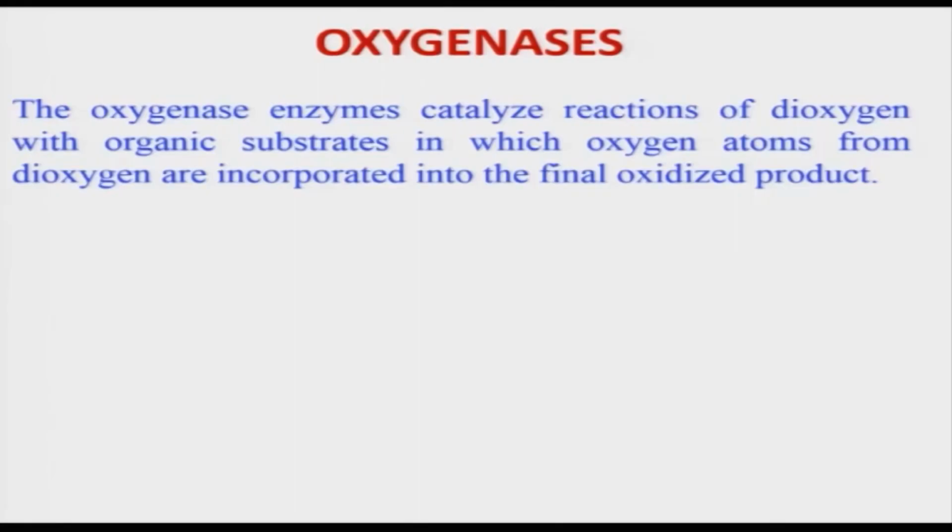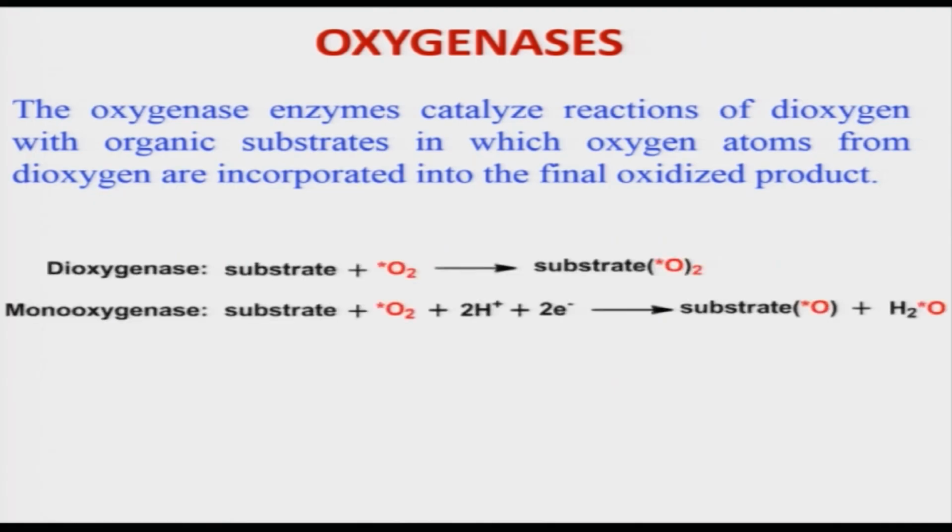Now, I will talk about oxygenase enzymatic systems. The oxygenase enzymes catalyze reactions of dioxygen with organic substrates in which oxygen atoms from dioxygen are incorporated into the final oxidized product. There are two types of oxygenase reactions.